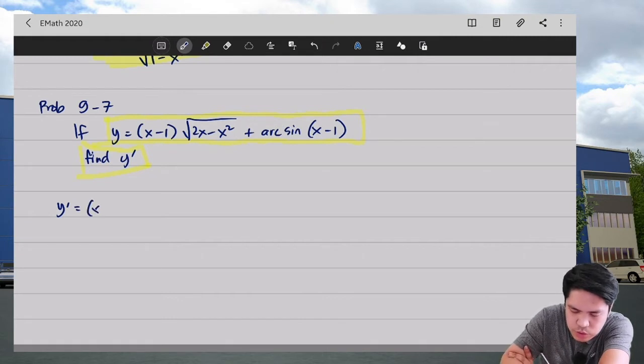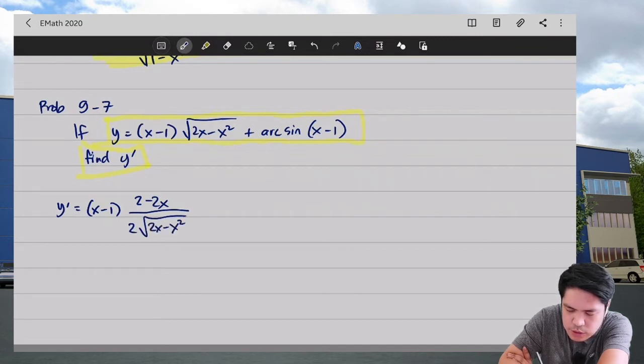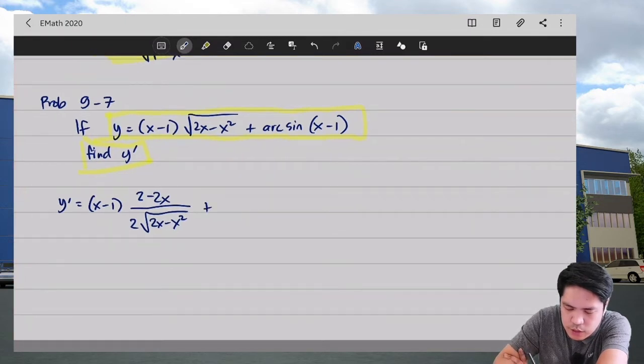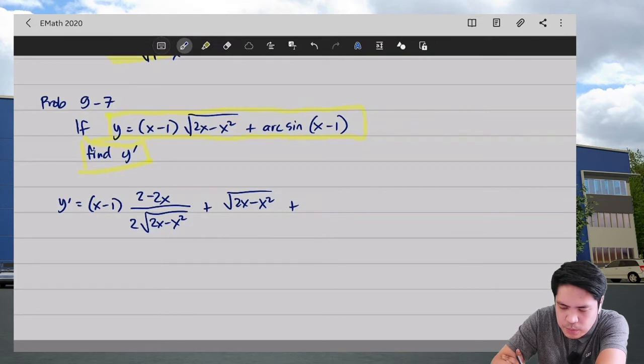So x minus 1 times the derivative of this, that would be 2 minus 2x over 2 square root of 2x minus x squared, since it's a square root, you know how to get the derivative of that. Then plus the square root of 2x minus x squared times the derivative of x minus 1, which is just 1. Then plus the derivative of arc sine.